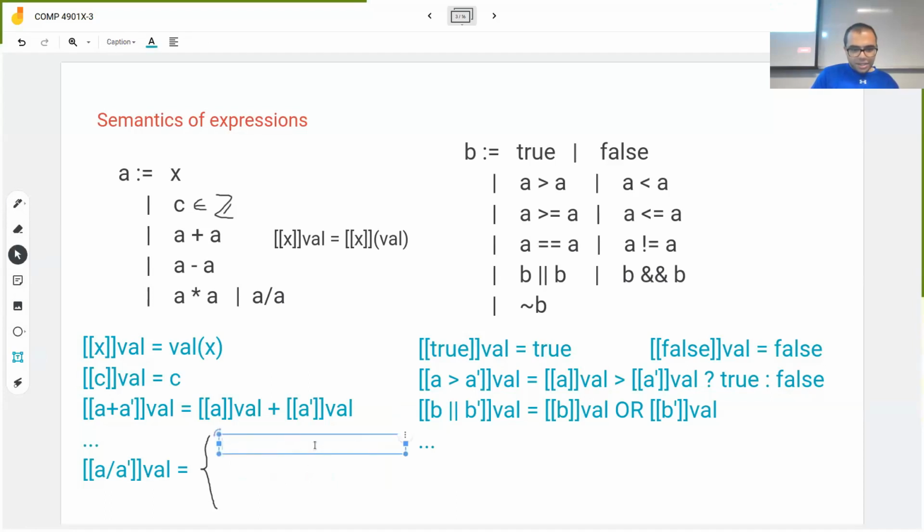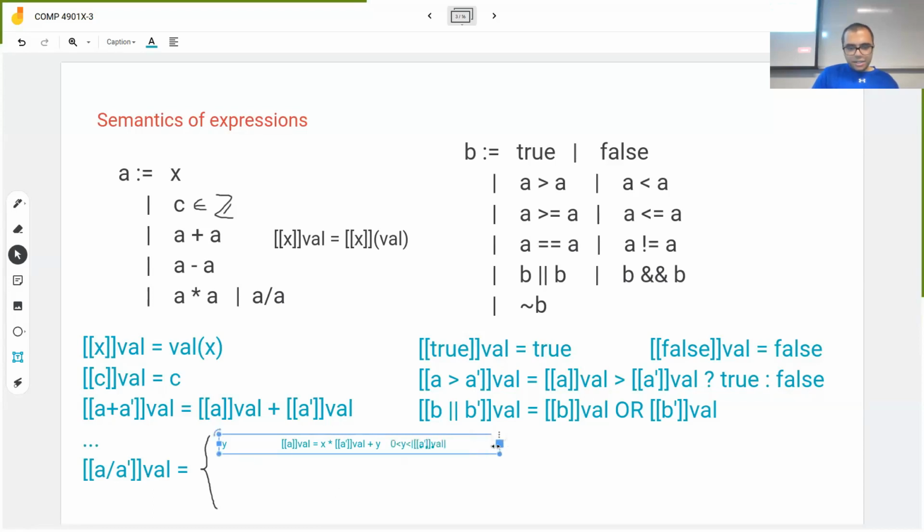Okay, so this is going to be Y if the meaning of A at val is equal to X times the meaning of A prime at val plus Y, and Y is greater than 0. It's really hard to write it in one line, and less than the absolute value of the meaning of A prime at val.